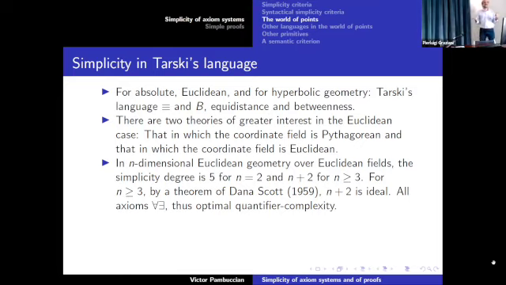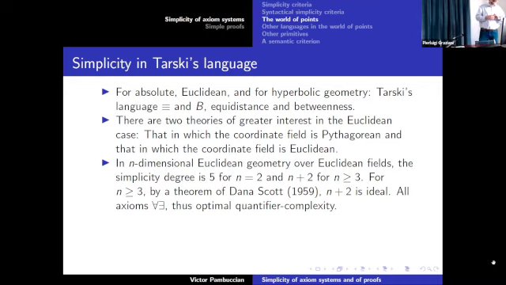Why can we beat it? Because the circle axiom implies Pasch's axiom, and the circle axiom asks for fewer variables than Pasch. And for n greater or equal than 3, it's n plus 2.